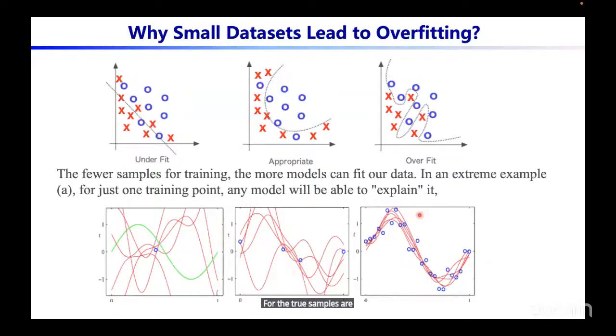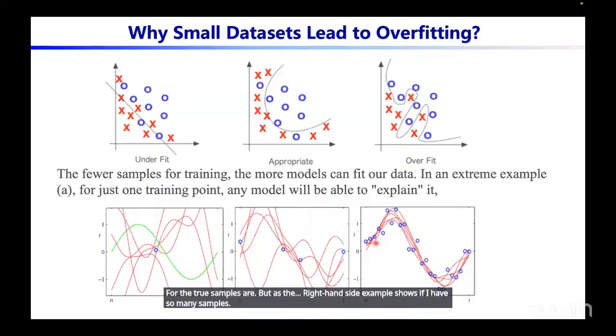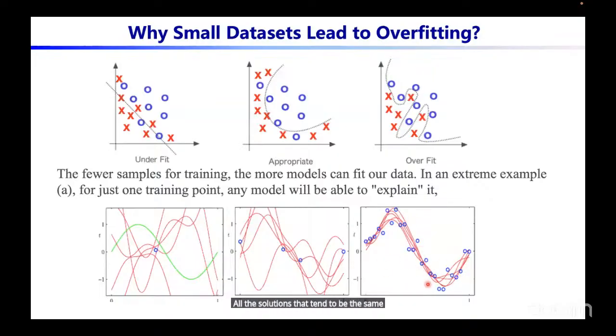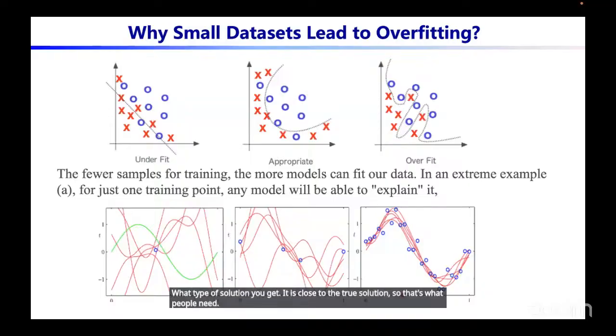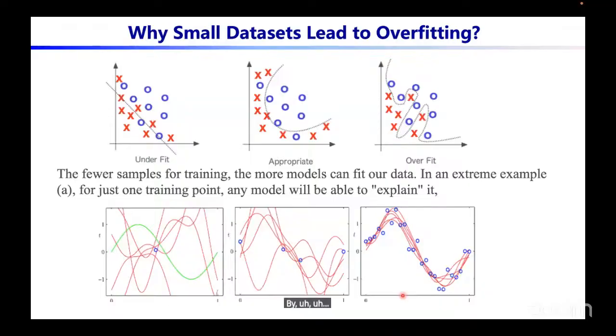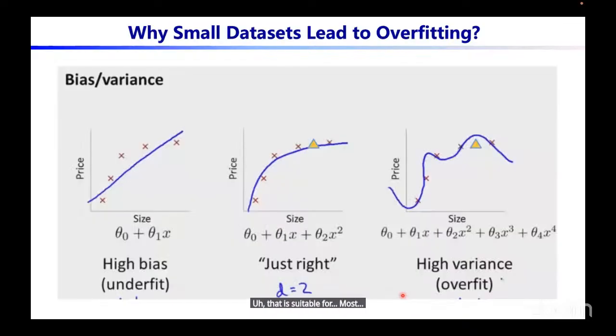But as the right-hand side example shows, if you have so many samples, all the solutions tend to be the same. So whatever solution you get, it is close to the true solution. That's what people mean by finding an appropriate solution that is suitable for at least the majority of the samples.